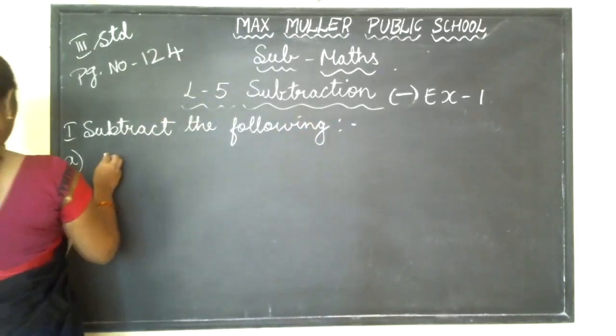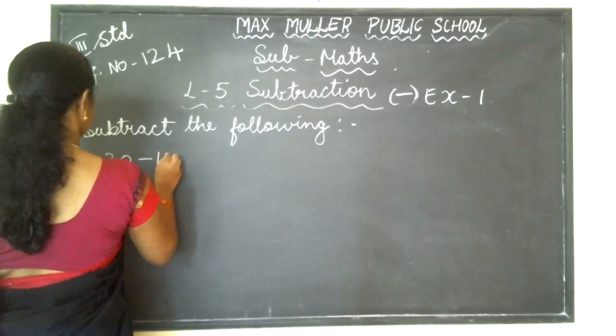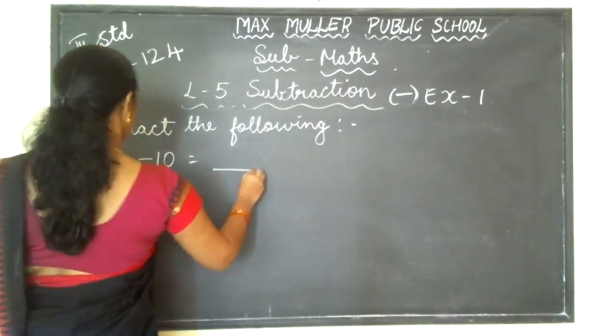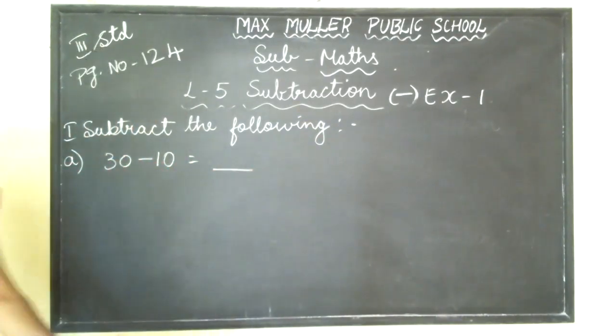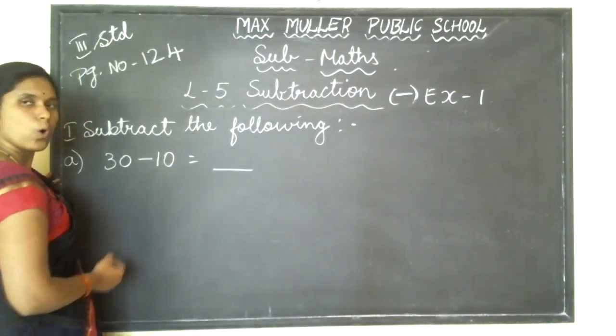First one, A1, 30 minus 10. How will you do this one? You can do it orally also.